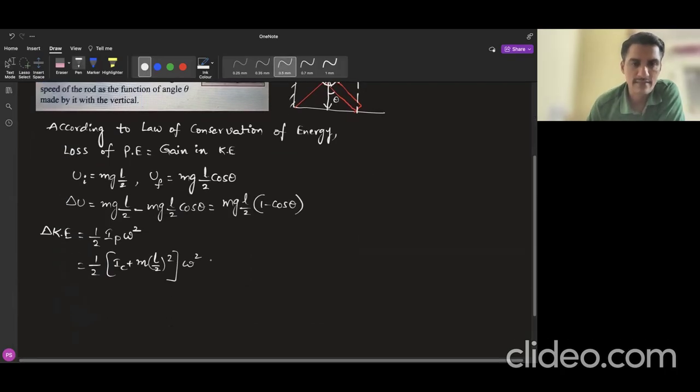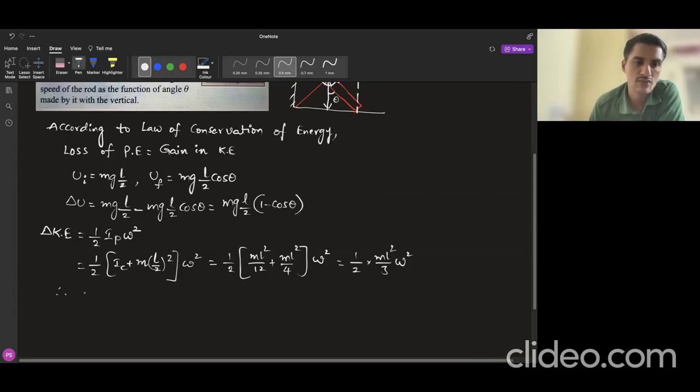Let us simplify this, which is equal to half into, what is Ic value? Ic is ml square by 12 plus ml square by 4 into omega square. Now finally, I can write half into ml square by 3 omega square. This is gain in kinetic energy.